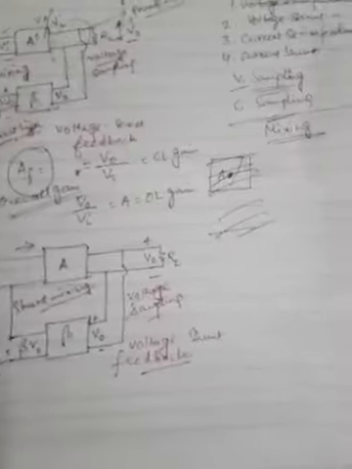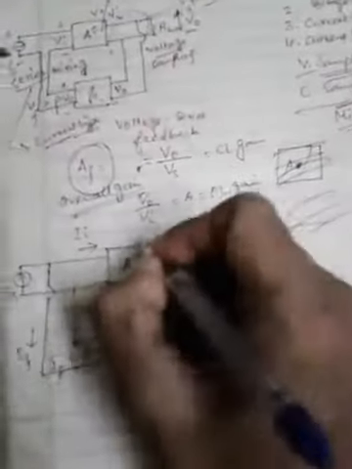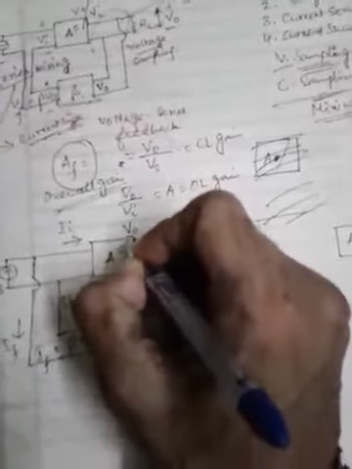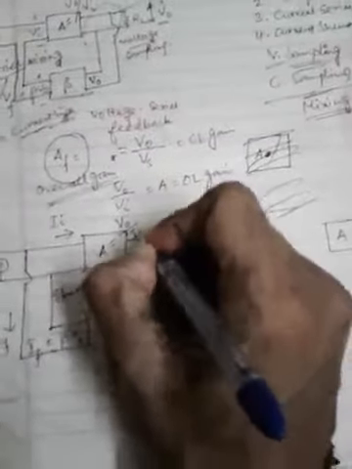Okay, so now let us move on to the third type of topology. So this is once again the basic amplifier having gain A, and now this current should be written as II. So this A can be written as VO at the output and II at the input.